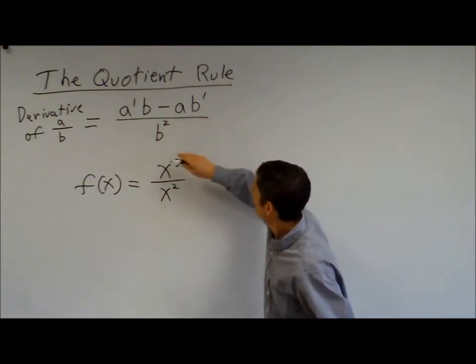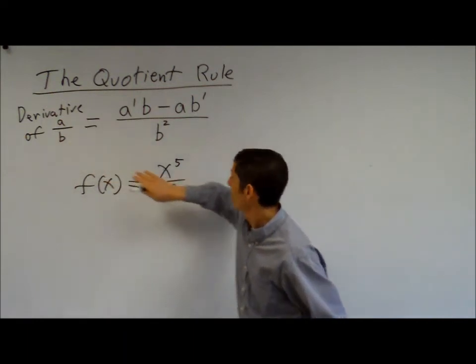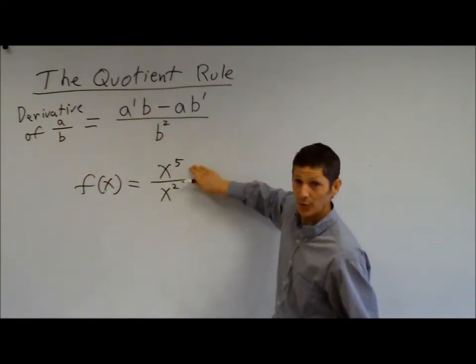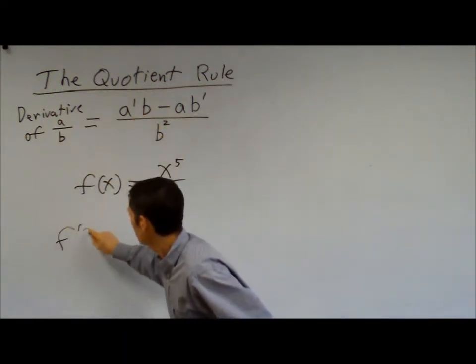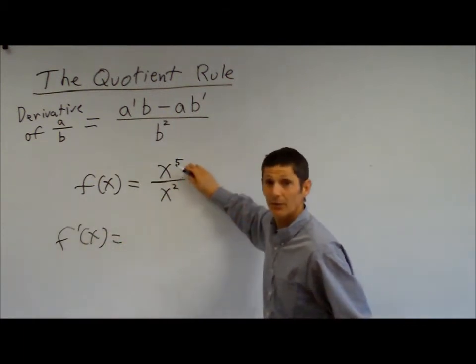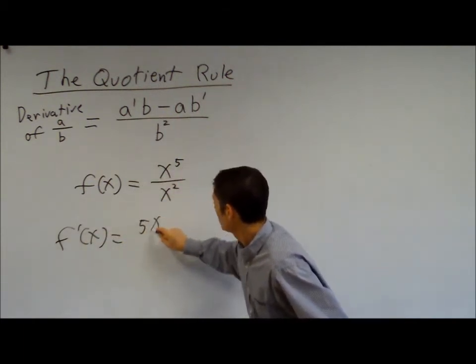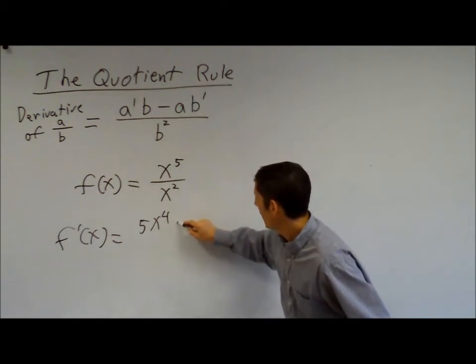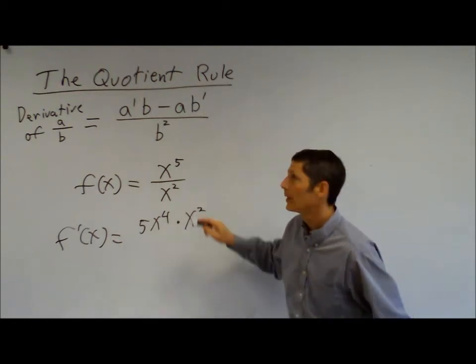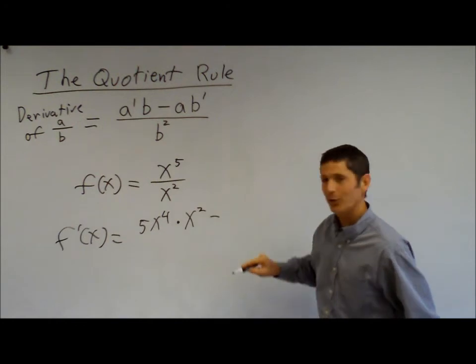It says, now of course A is the top and B is the bottom, so it says A prime, which is the derivative of the top, right underneath. The derivative of the top, 5x to the 4th, times the bottom, minus, following along, Ms. Stewart? I am.